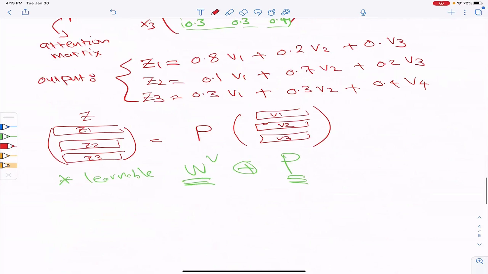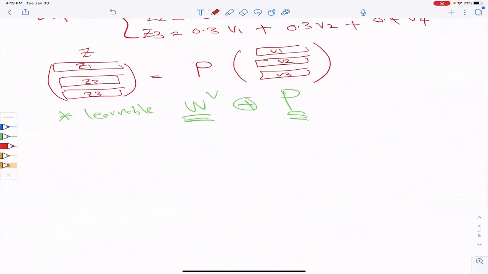But do you see any issues? Any issues about this? Maybe constrained. Okay, fine. The row sums are 1. Not a huge deal. Any other issues?